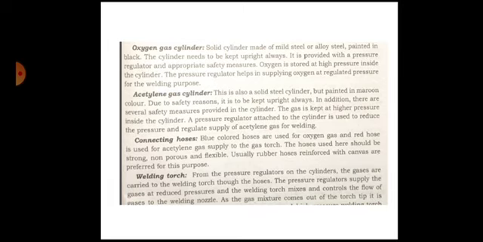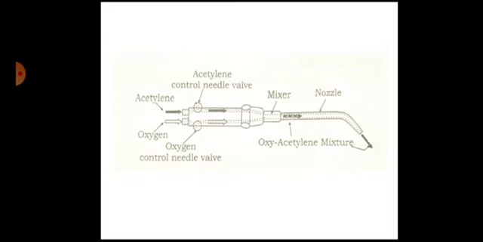Both oxygen and acetylene are fed to the torch at equal pressures and are mixed prior to being fed to the nozzle tip. The welding nozzle enables the welder to guide the flame and direct it towards the welding spot easily. Okay, this is the purpose of the welding torch. You can see the welding torch clearly in this diagram.